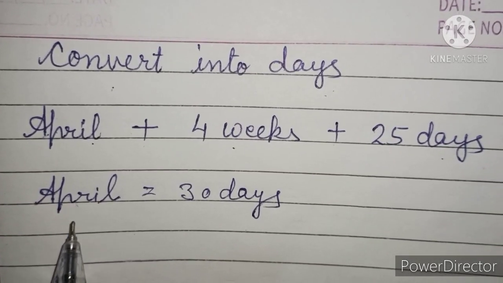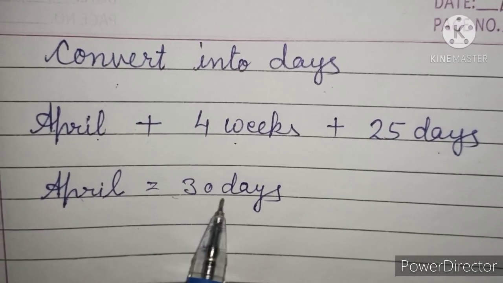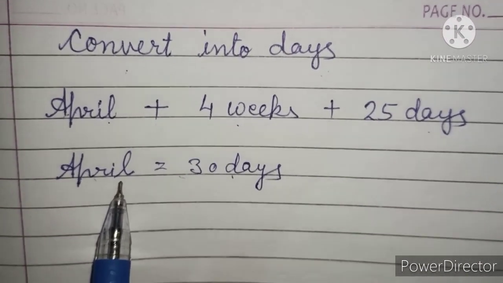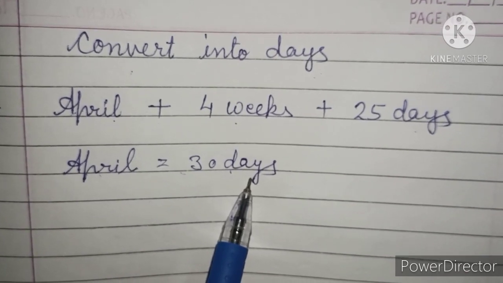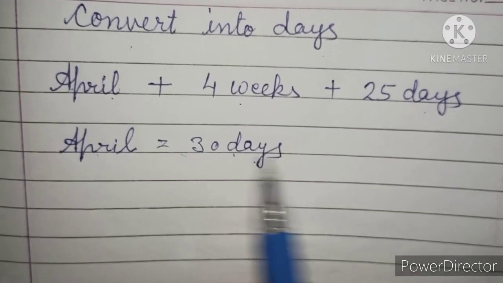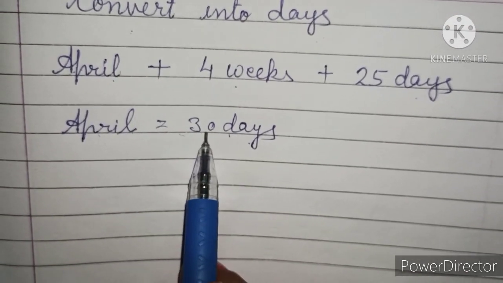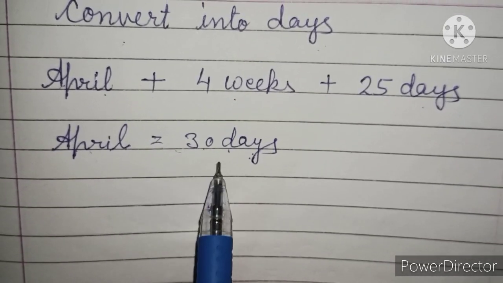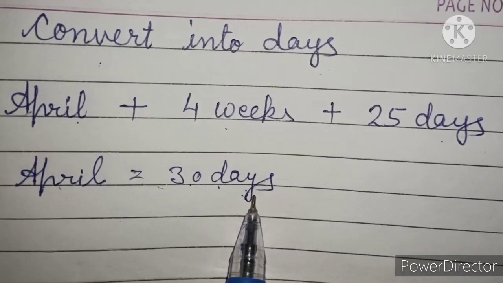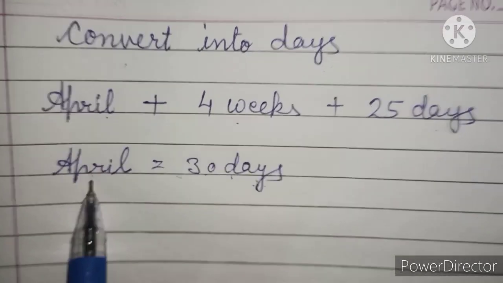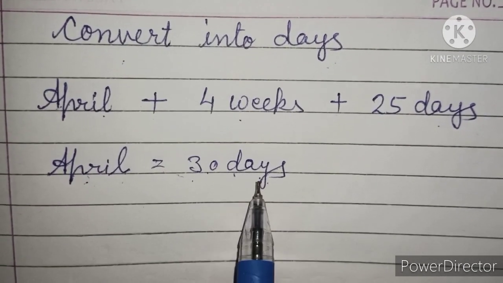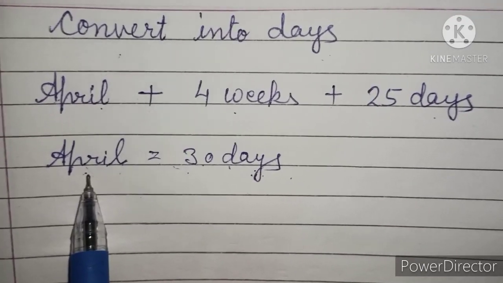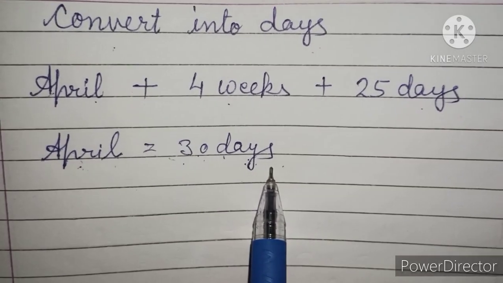If April is 30 days, then we have to write here April is equal to 30 days. You can see that I have already written. So April has now been converted into days. Okay.